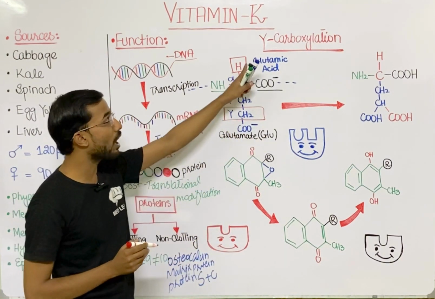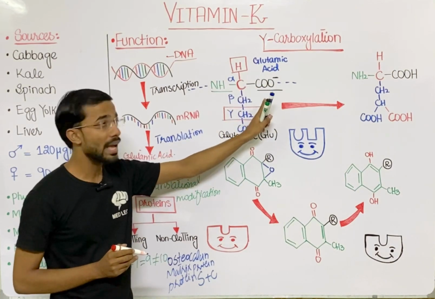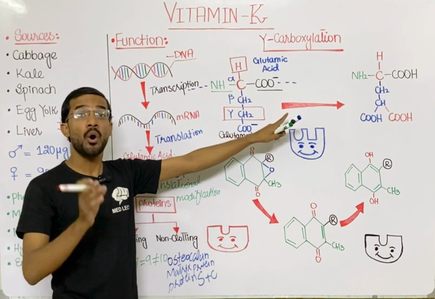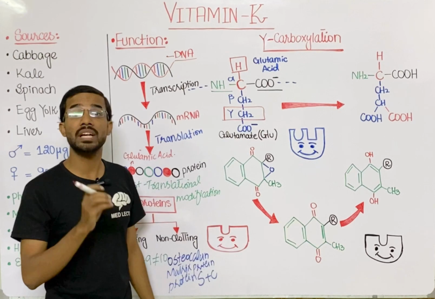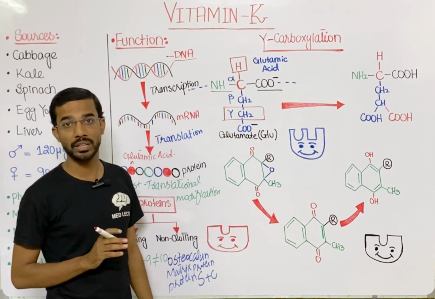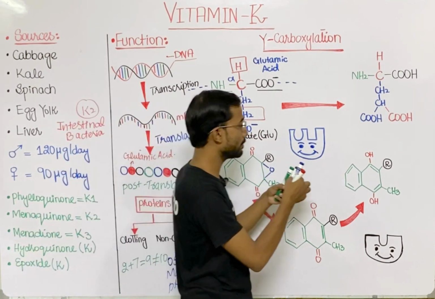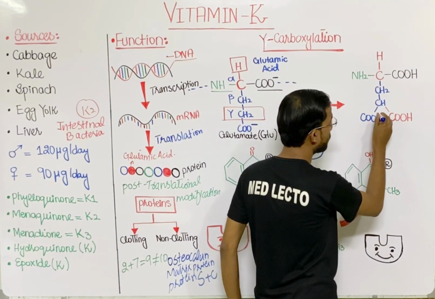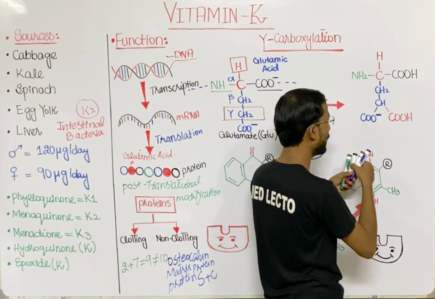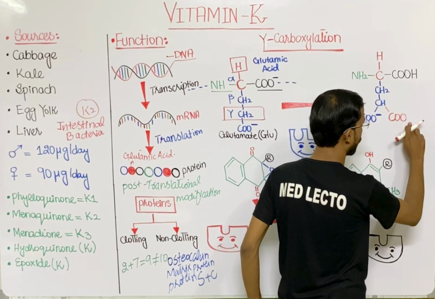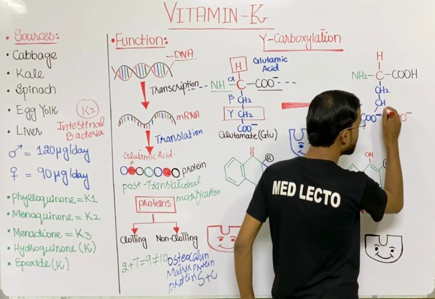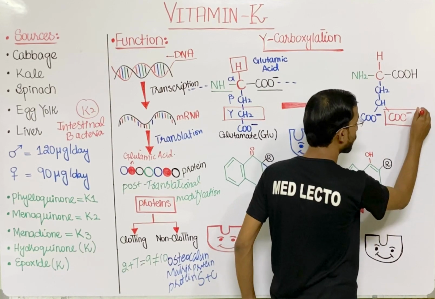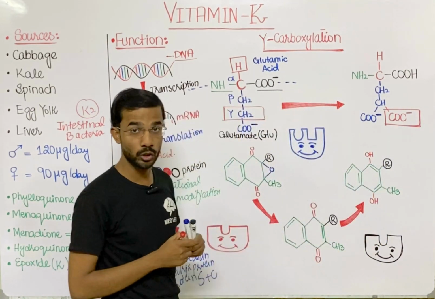That's why we call this process gamma carboxylation: the addition of carbon dioxide and formation of a carboxylate group. We can remove the H because it is present in ion form. Similarly, on that side you will see the formation of the carboxylate group.